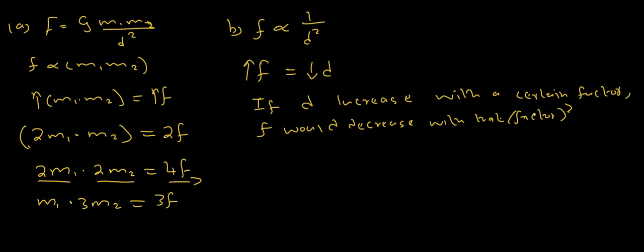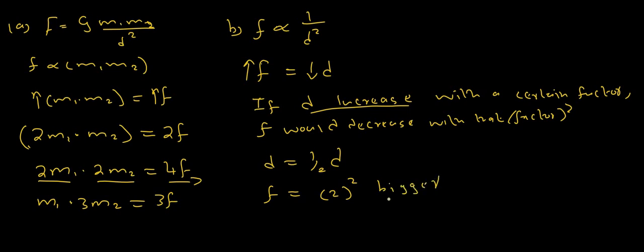And vice versa. If the distance is halved, then F will become 2 squared bigger. That's how the proportionality works.